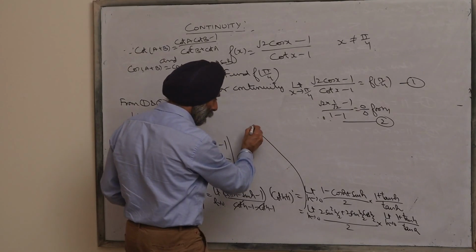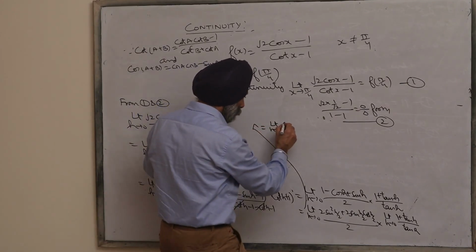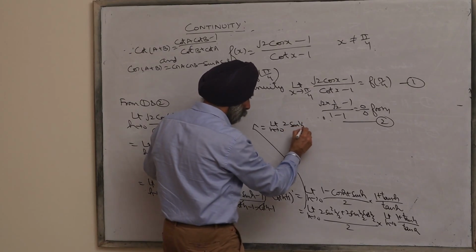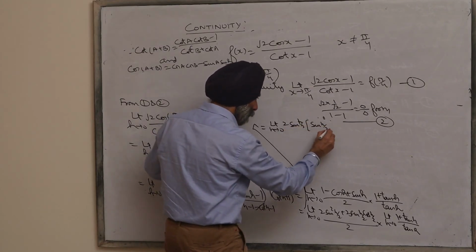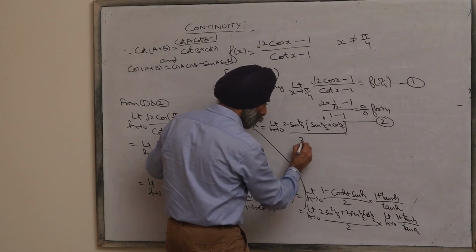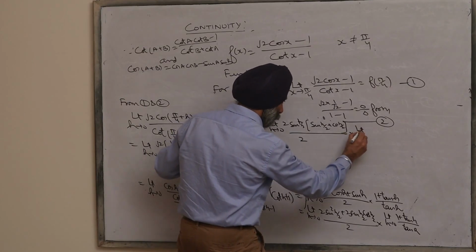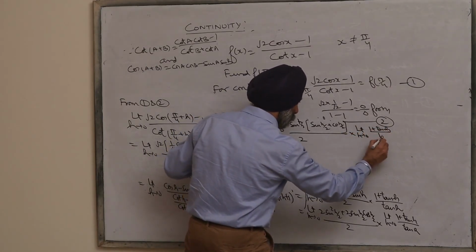So at this place it is limit h approaches 0. If I take 2 sin h by 2 common, it is sine of h by 2 plus cos of h by 2 upon 2 into limit h approaches 0, (1 plus tan h) upon tan h.